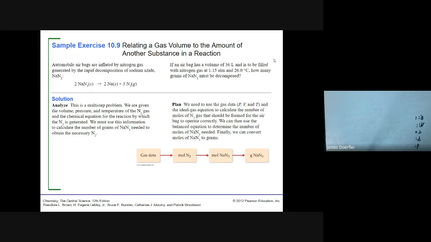Then you're going to go from moles of gas A to moles of gas B to grams of gas B. Can you read what that says?